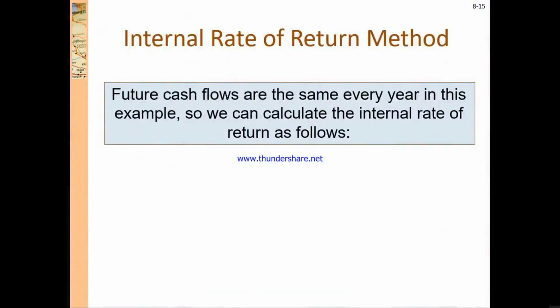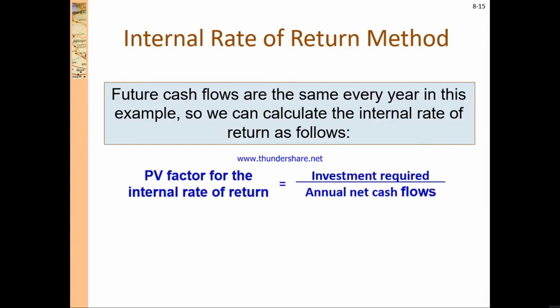Internal rate of return: in this case, the future cash flows are the same every year in this example. So, we can calculate the internal rate of return very easily. Present value factor for the internal rate of return equals investment required divided by annual net cash flows.